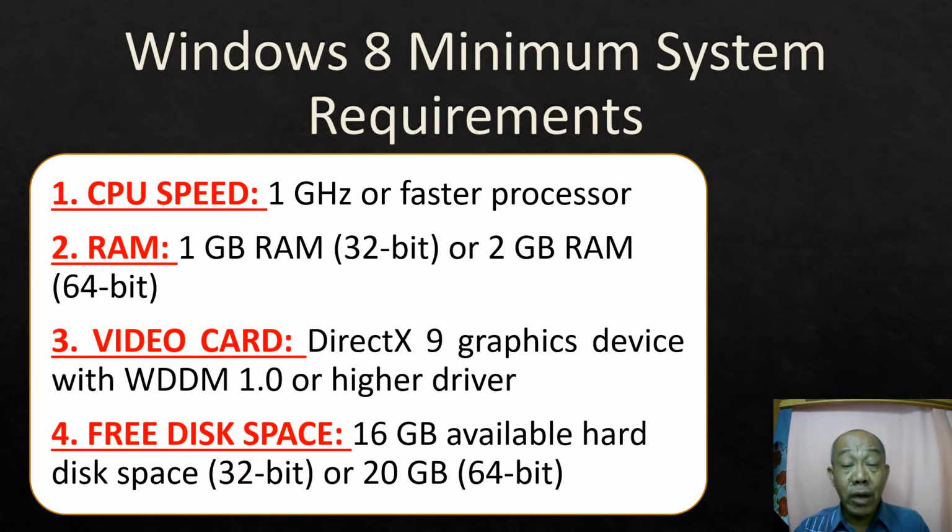For video card, you must have a DirectX 9 graphics and a higher driver. And for the hard disk, you must have a free disk space of 16 gigabytes for 32-bit or 20 gigabytes for 64-bit.